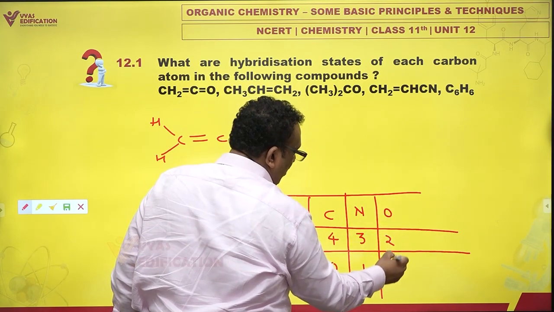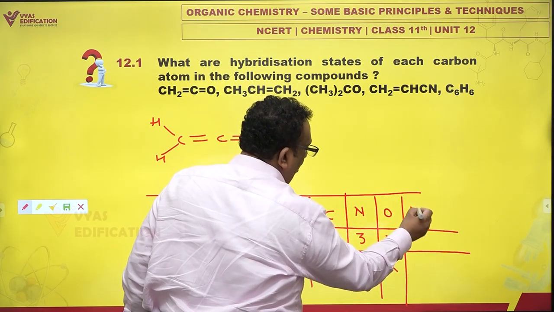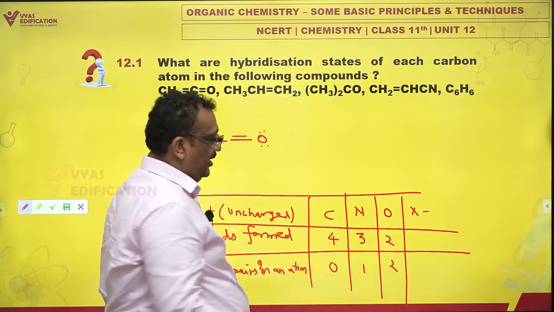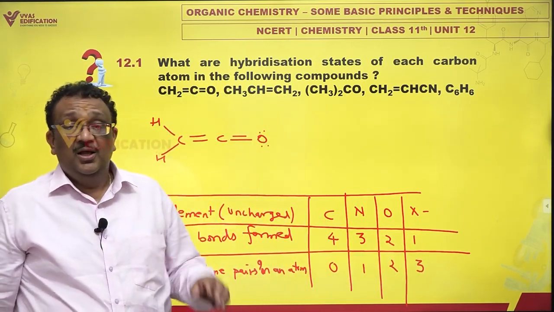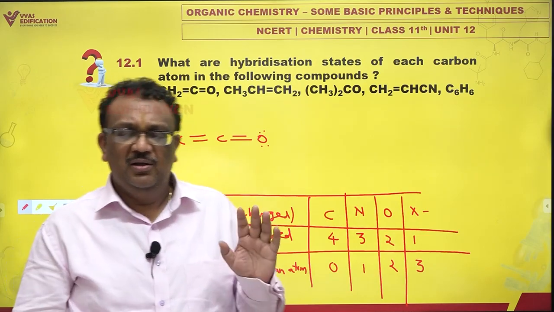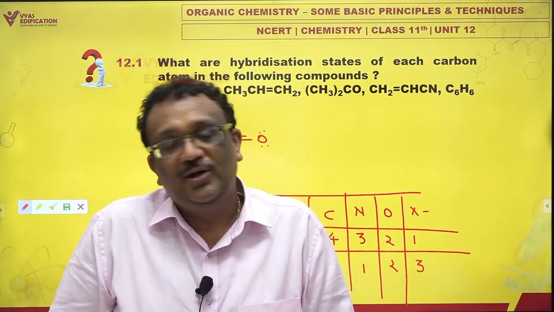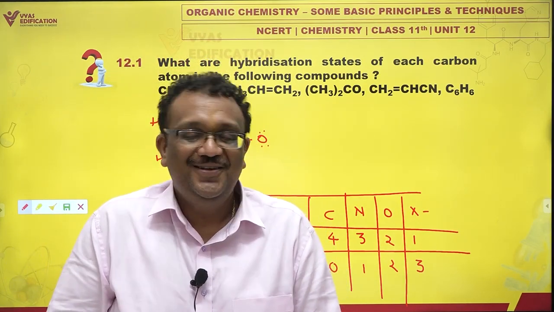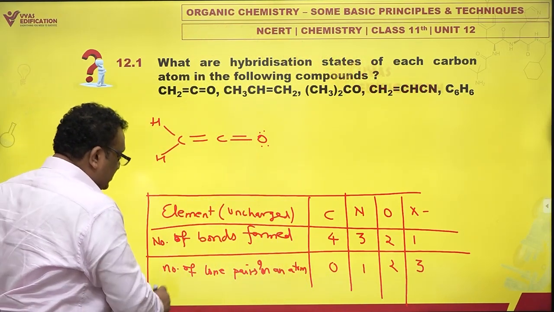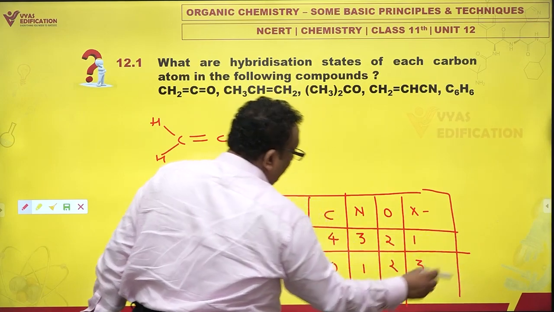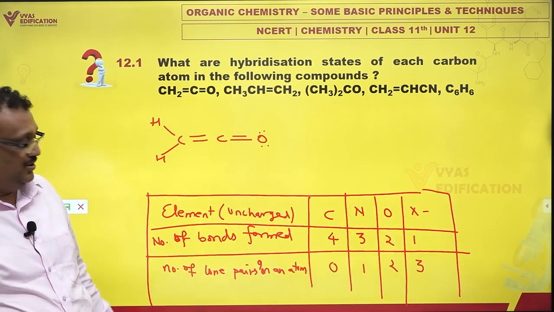Oxygen would form 2 bonds with 2 lone pairs, and all halogens, F, Cl, Br, I, would form only 1 bond and they would have 3 lone pairs. This is true for all reasonable compounds in organic chemistry. You're supposed to have memorized this information.